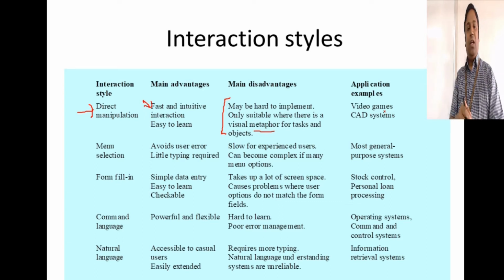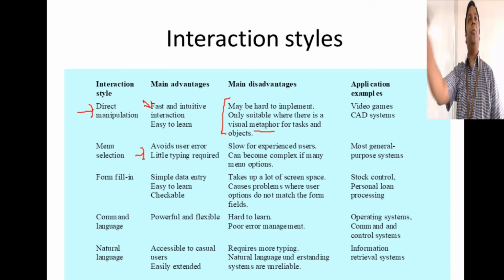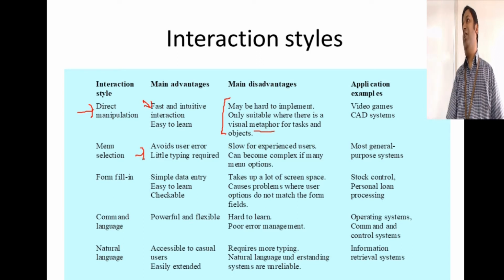Menu selection. The advantage of this is that it avoids user errors because everything is a menu. When you go to the ATM, you are provided only with these options. No need for you to enter any kinds of data. Little typing required. Only the amount you are going to enter. Nothing else. What are the disadvantages of this?